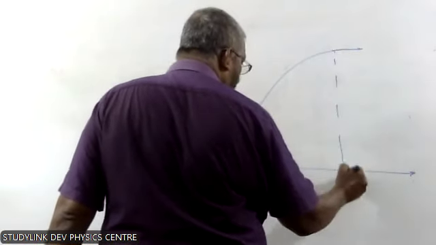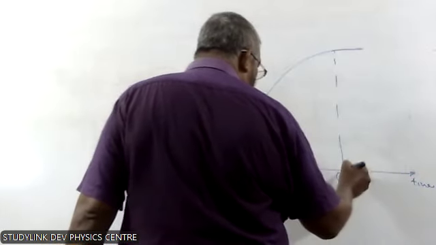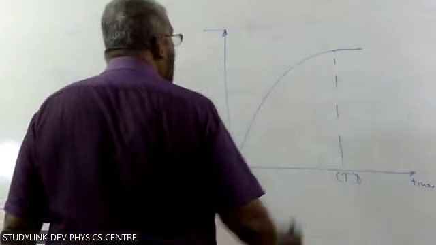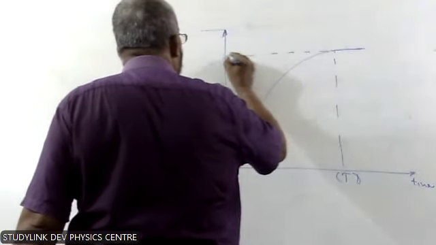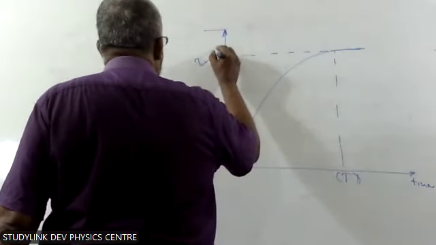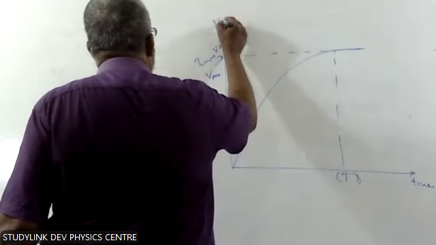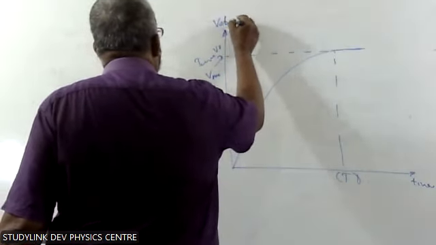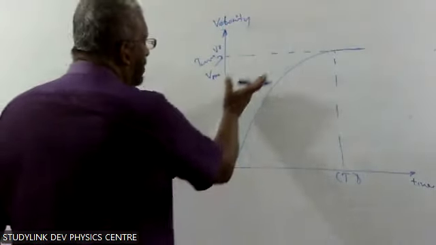This is the particular time where it reaches its terminal velocity, and this is the terminal velocity, Vmax. Acceleration reduces, same as before.